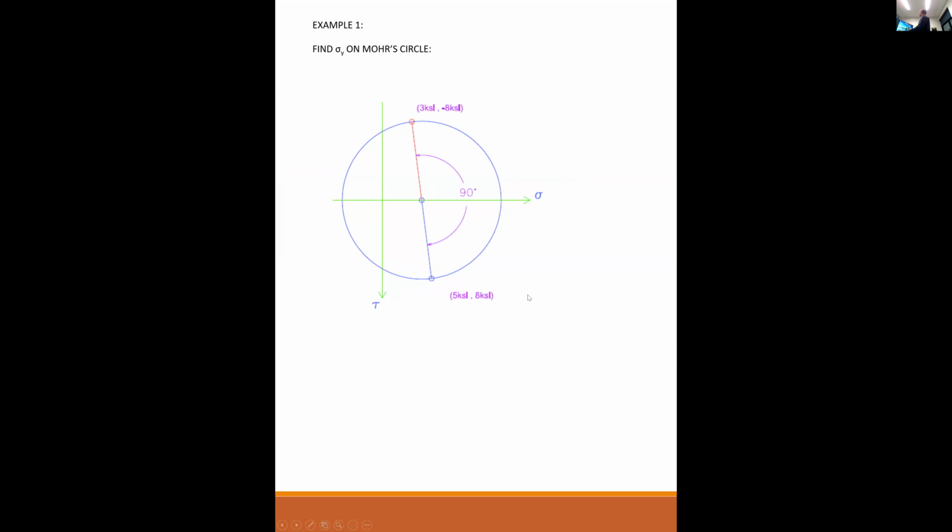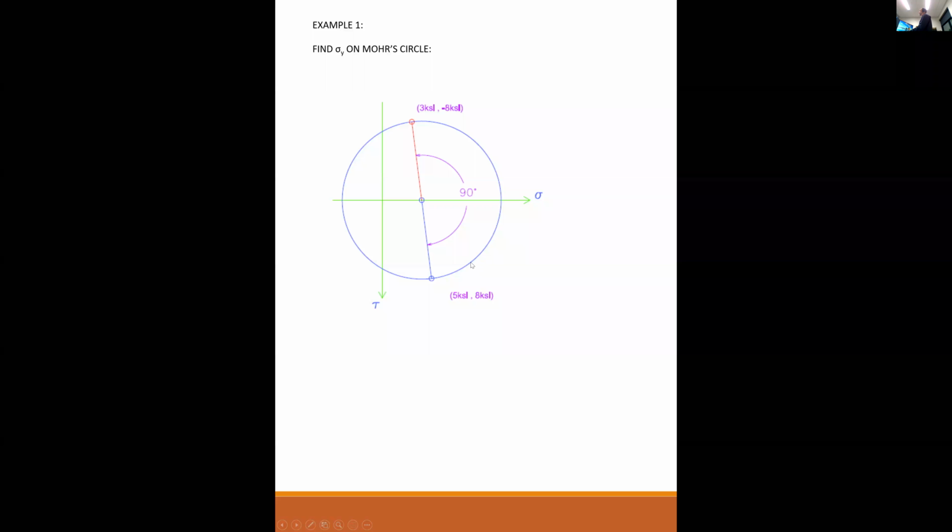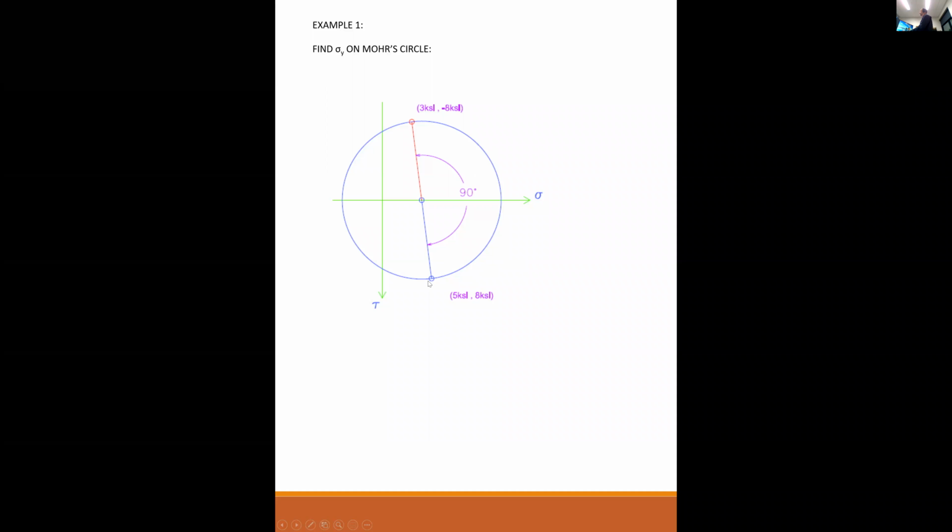If I wanted to find sigma y, then sigma y is going to be 90 degrees away from sigma x. This was point A. Point A represents sigma x. So again, 90 degrees away is 180 degrees on the circle. And so what I did was I drew a straight line.